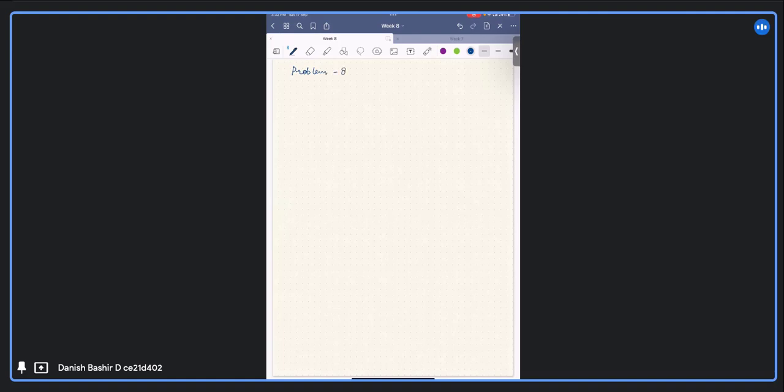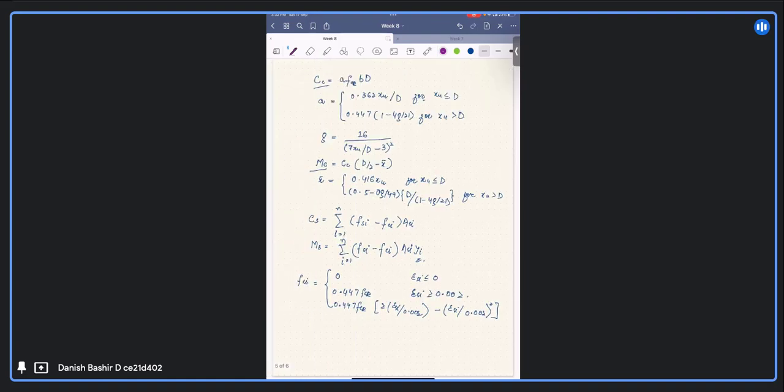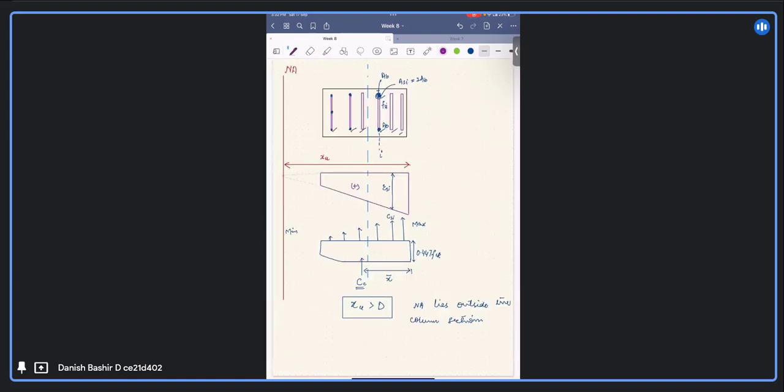We have problem number 8 for the week 8th. So once more, you would have studied in the lecture that similar to the sections we would have in flexure, we were having under reinforced section, over reinforced section, and balance section.